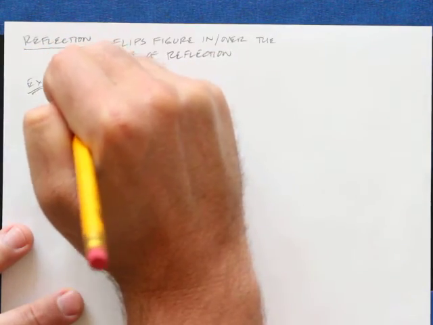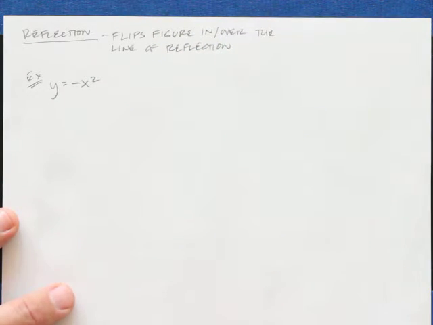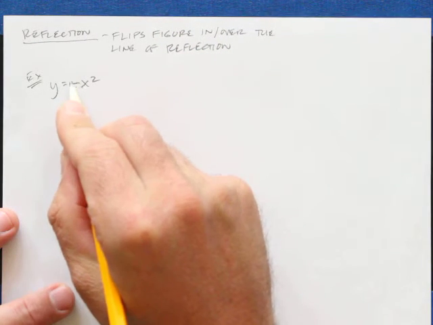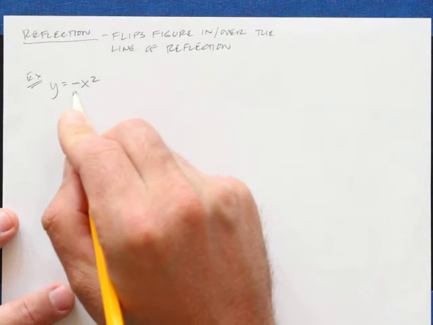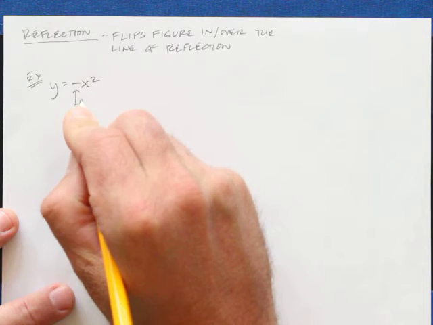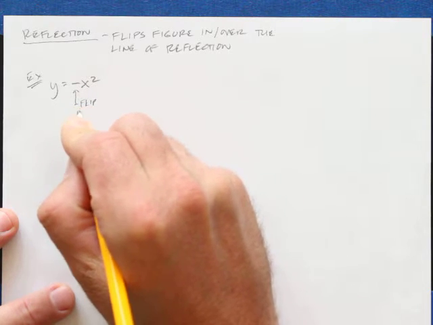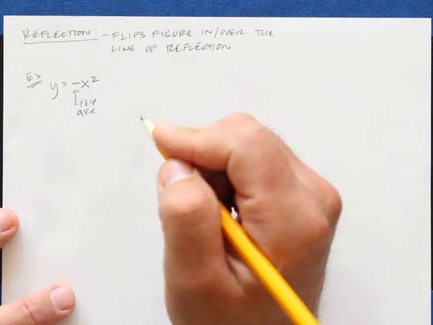y equals negative x squared. Since this negative is happening outside of whatever is happening to the x, this is going to flip it over the x-axis. Or I'm sorry, did I say x? Yes, x.